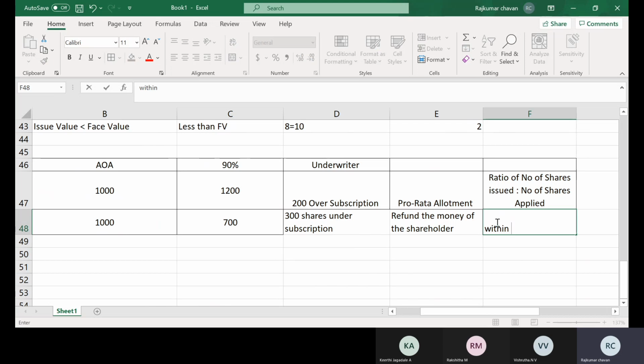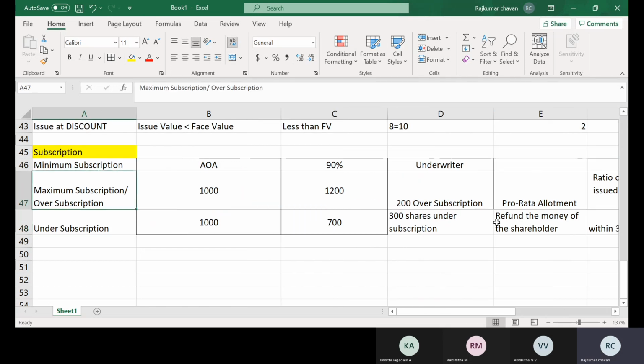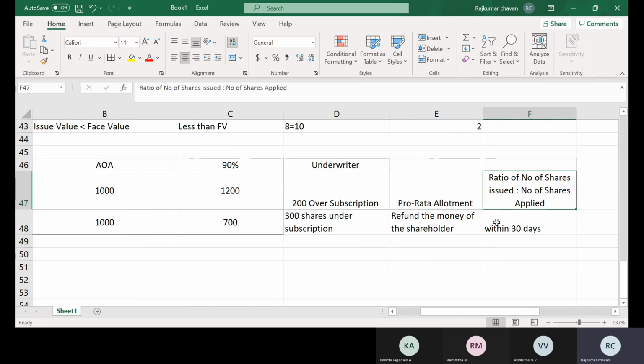After completing the IPO stage, within 30 days you should refund the money you collected from the shareholders. That is called rejection of undersubscription. Sometimes rejection of oversubscription can also happen. Sometimes they will reject your money if it is oversubscribed also.